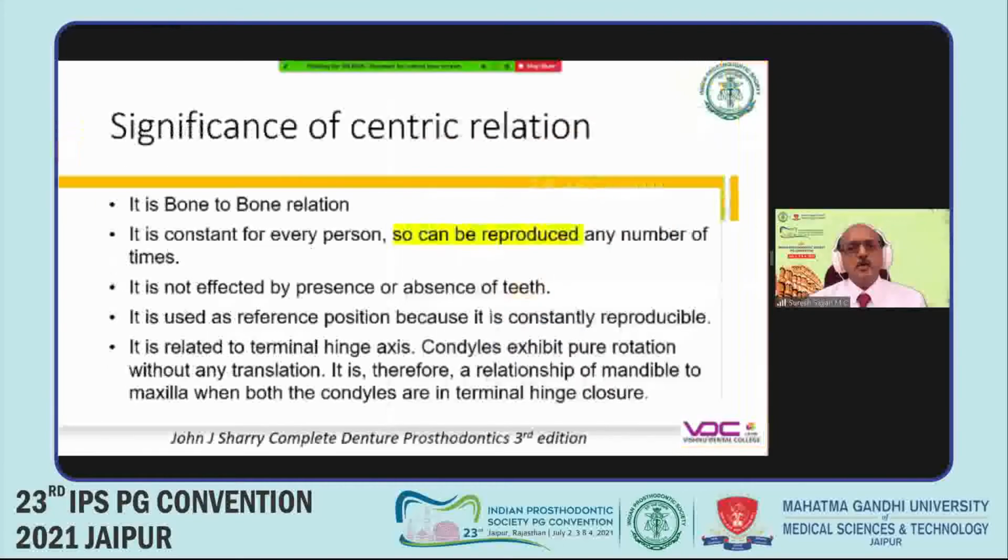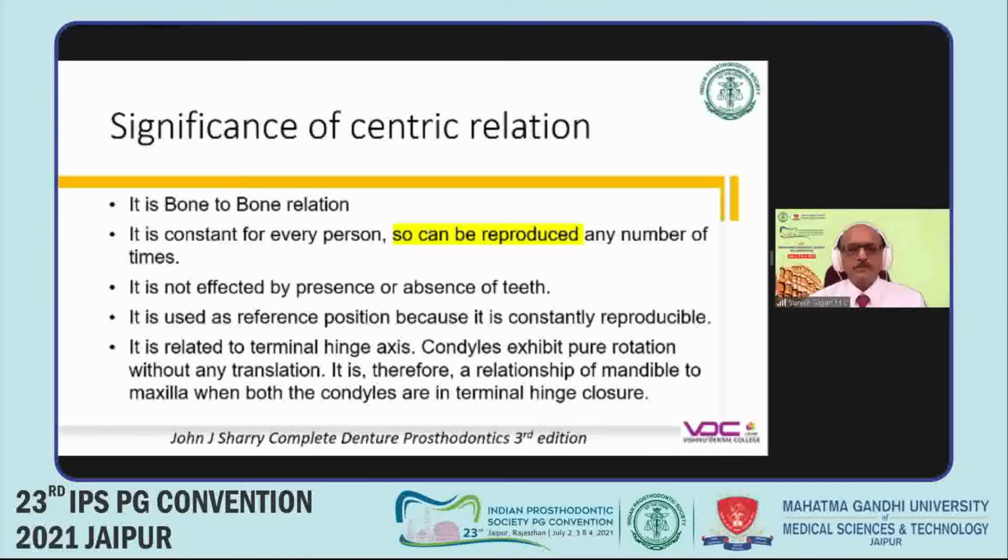Okay, so what is the significance of centric relation? We all are very well aware of this, that it is a bone-to-bone relation, and it needs to be reproduced, so it is a repeatable position, and it is not affected by the presence or absence of teeth, because there was confusion between the centric occlusion and the centric relation.